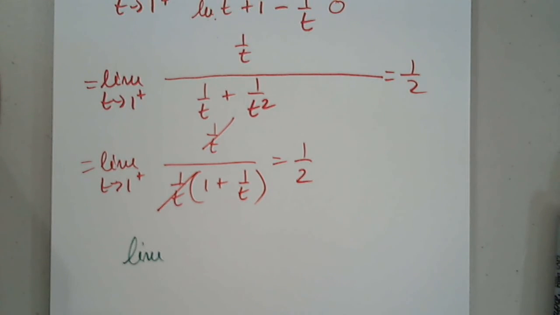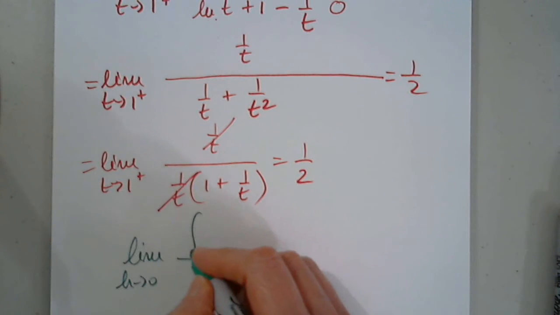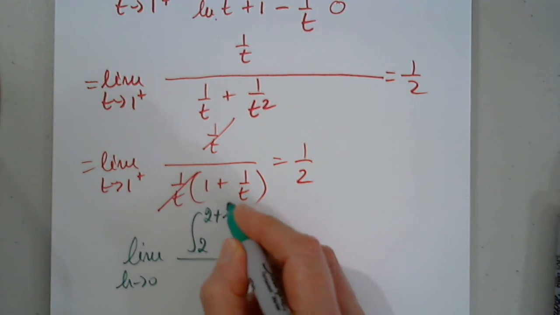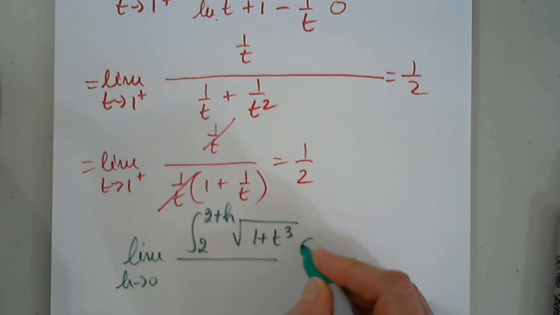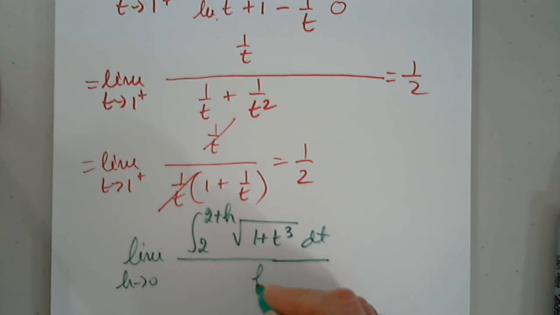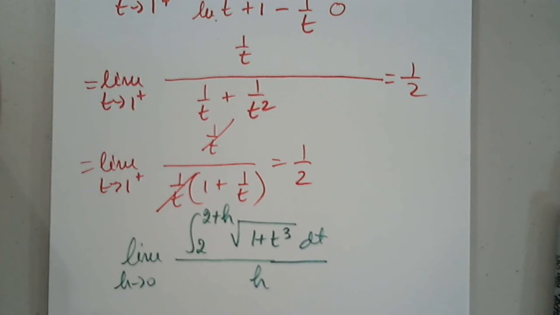Okay, so it was the limit as h approaches 0 of the integral from 2 to 2 plus h of the square root of 1 plus t to the third dt, divided by h. Okay. Good.